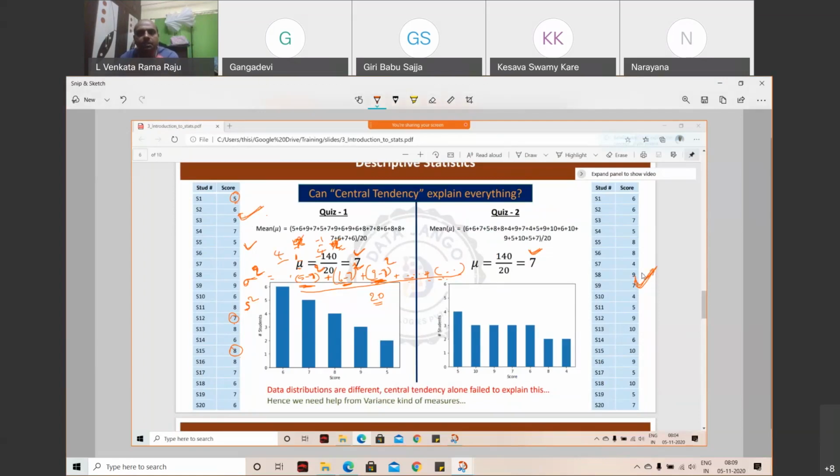Average squared distance is nothing but variance. Do the differences, square them, sum them, and divide by your total number. Do you agree with the statement? Yes, sir.